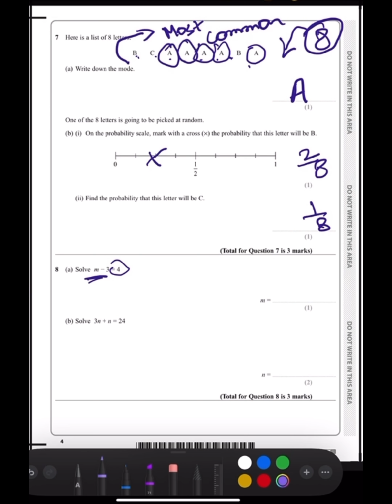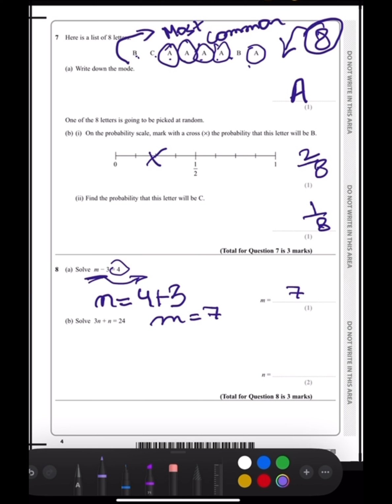So what we do is put the minus 3 on the other side, and as soon as it is on the other side of the equals, the sign will change. So we write m is equal to 4 plus 3, which simply gives us 7. So our answer would be 7.